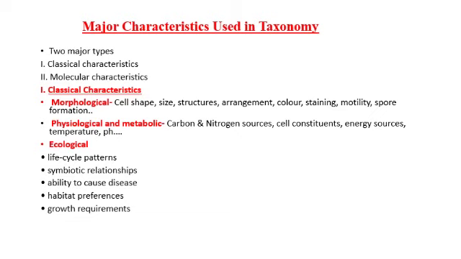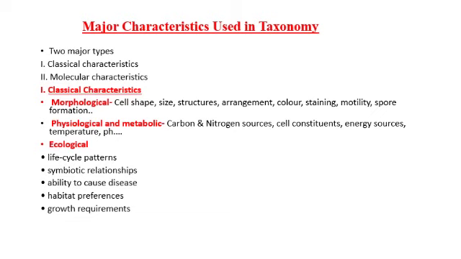Next, the second one is the physiological and metabolic characteristics. As the name indicates, it is based on the carbon and nitrogen source requirements, the energy sources, cell constituents, the temperature, and pH. Then the ecological characteristics are based on the life cycle pattern, the symbiotic relationship, the ability to cause disease, whether it is a pathogen or not, and the growth requirements.